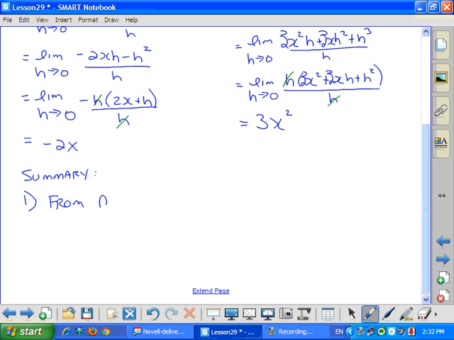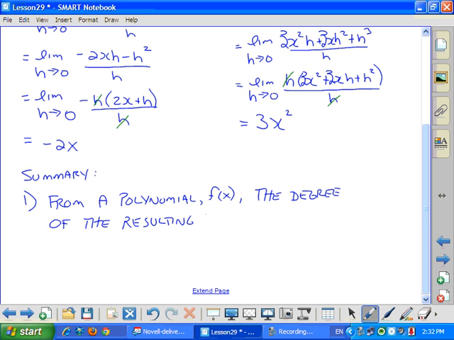From a polynomial f of x, the degree of the resulting slope was 1 less than the original function.